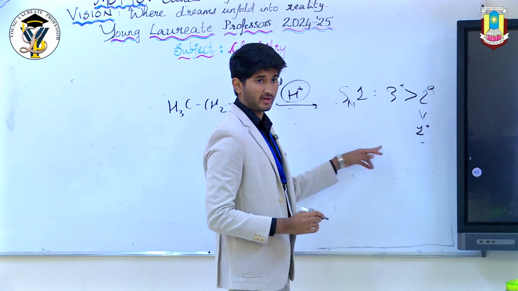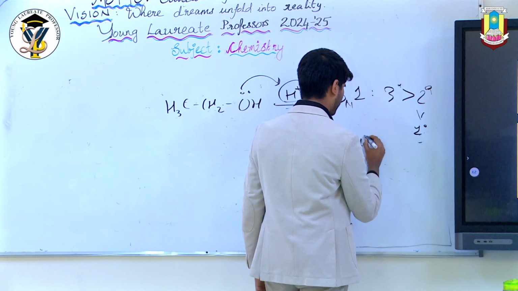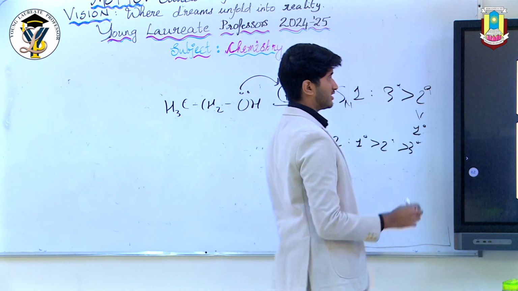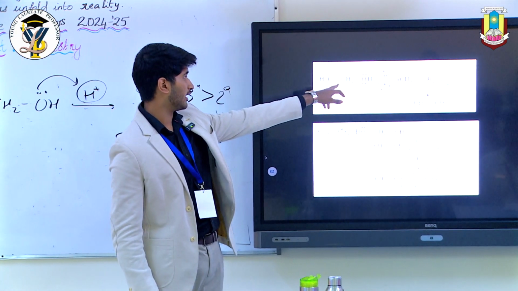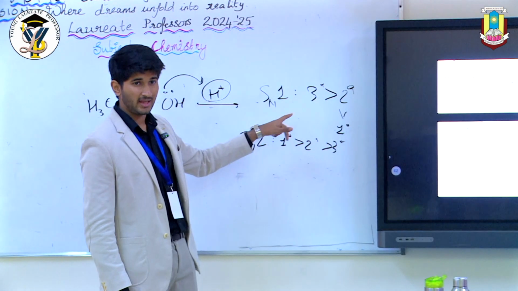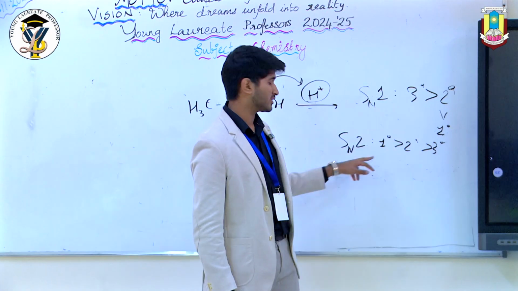This is the reactivity of SN1. SN2 is completely opposite: 1 degree, 2 degree, 3 degree. In this reaction, this is a 1 degree alcohol because there is only one carbon attached to this one. So SN1 would be extremely difficult for this to progress under normal conditions. So this is an SN2 reaction.